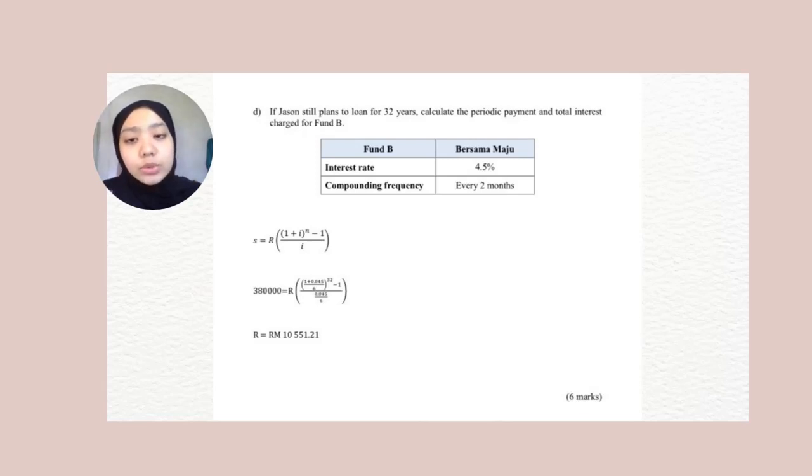So I'm going to use the S formula, which is S equivalent to R[(1 + i)^n - 1]/i. So 380,000 ringgit equivalent to R[(1 + 0.045/6)^n - 1]/(0.045/6), and the final rounded answer will be 10551.21.